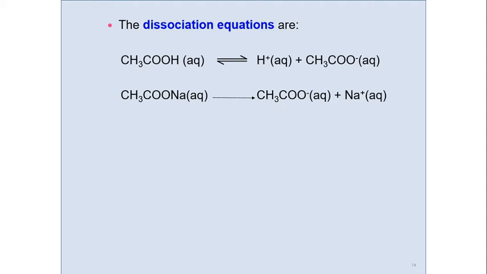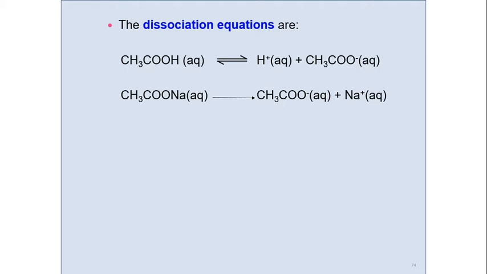CH3COOH is a weak acid that dissociates into H+ and CH3COO-, while CH3COONa dissociates completely into CH3COO- and Na+.